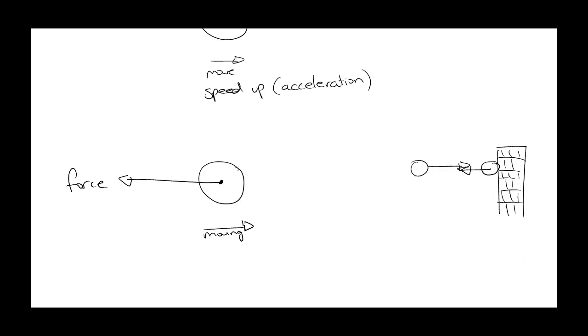So what will happen in this case, remember we have moving in that direction, force in the opposite direction. This object will now slow down. And in common language, one of the words that is used for slowing down is deceleration. Although in science we don't actually call it that, but we'll talk about that sometime later.